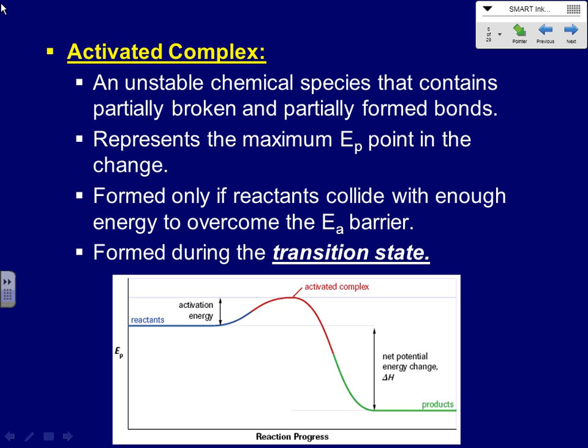It has a lot of potential energy stored in it because there's bonds being stretched and bent and all kinds of things happening. In terms of electrons in their orbits and forming bonds, there are electrons that are in orbits probably that they shouldn't be in, or they're transitioning between different orbits, and there's a lot of energy involved.